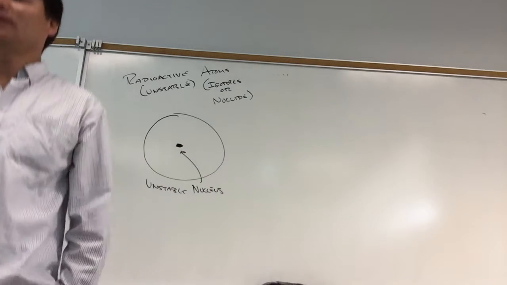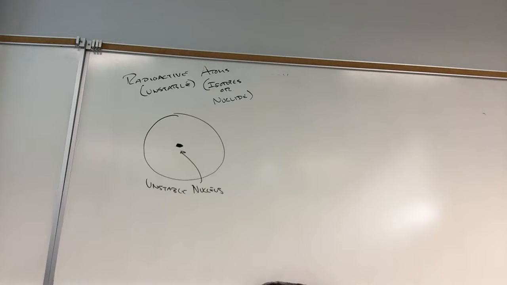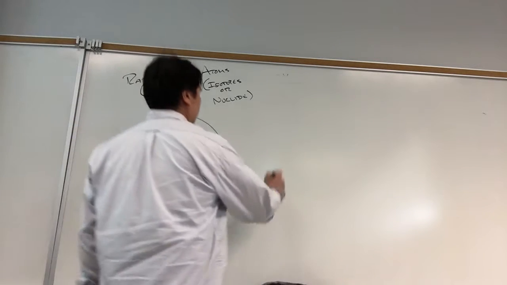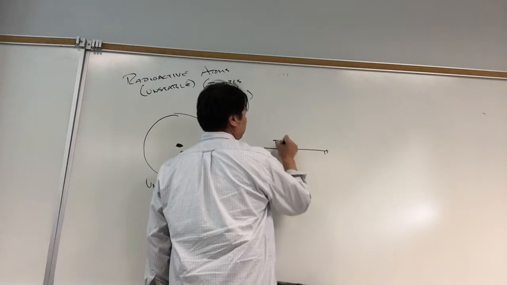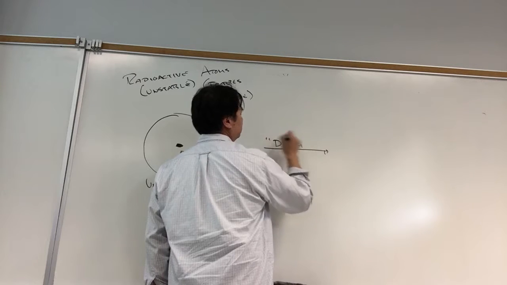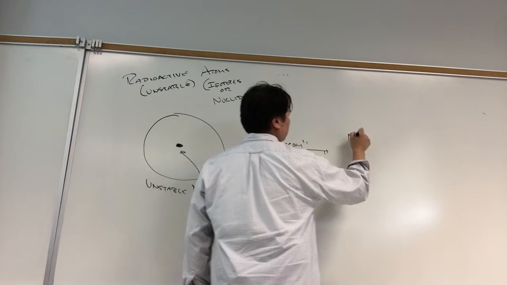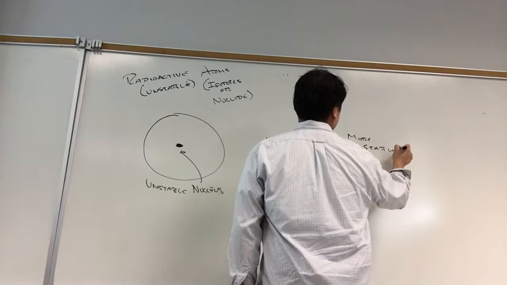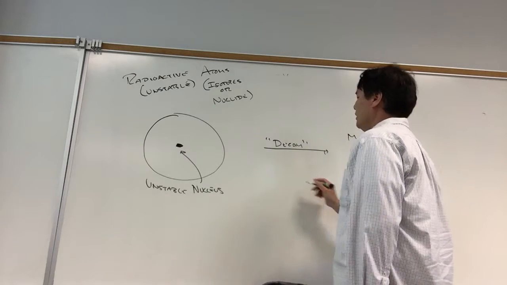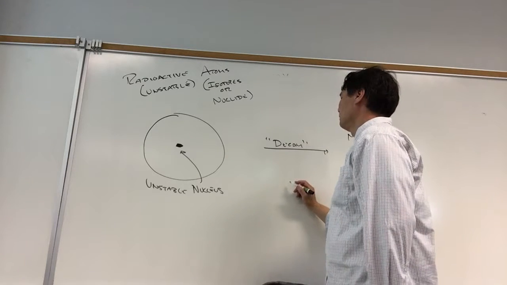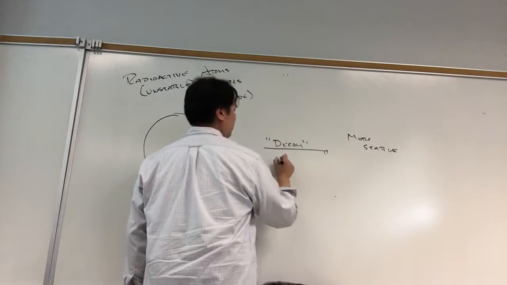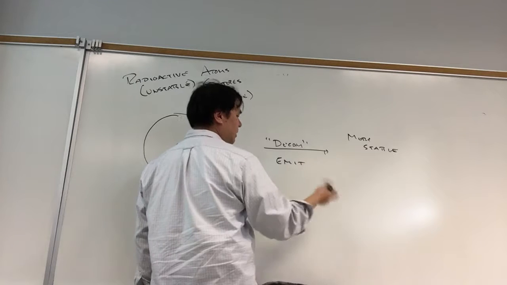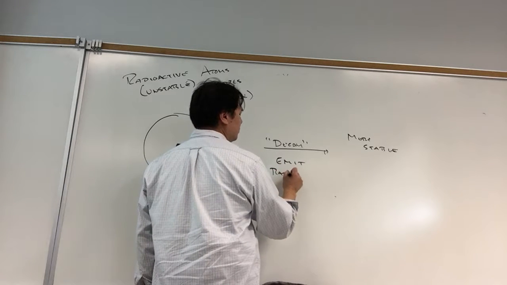Well, it's not going to stay unstable forever, right? It's going to decay into something more stable. We call that radioactive decay. And in this decay process, it'll emit radiation. It's got to emit some kind of energy, so that energy is going to be in the form of radiation.